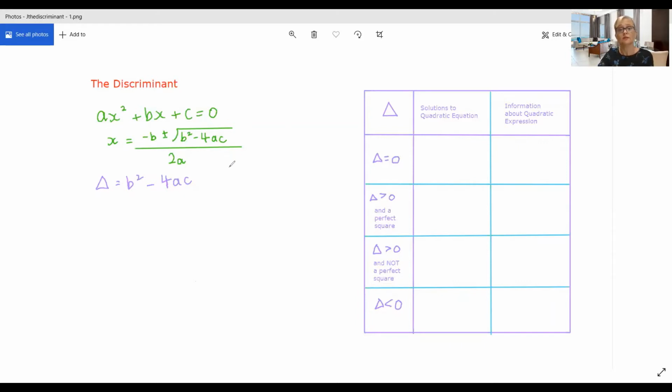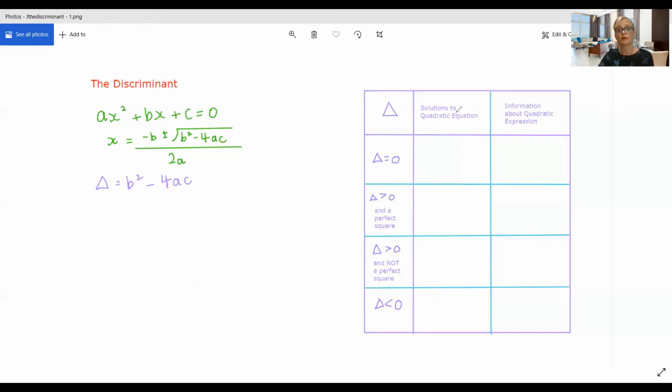Now, I want to think about with you how it affects what solutions we may or may not be able to get from our equation, but it's also useful if you don't have an equation but you just have a quadratic expression and you're wondering, can it be factorised, or should I give up on that endeavour? It will also give you that information as well.